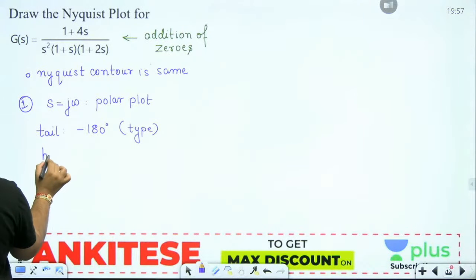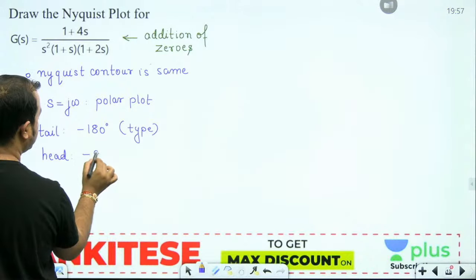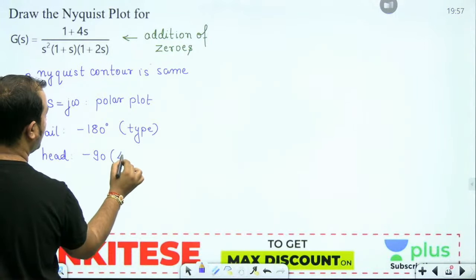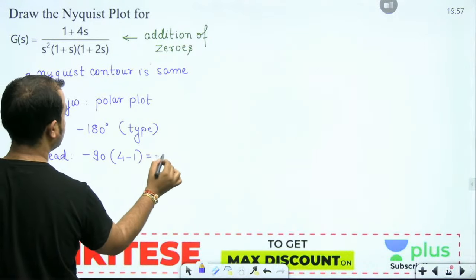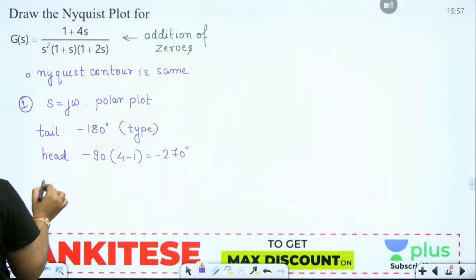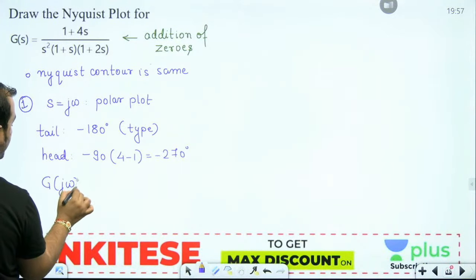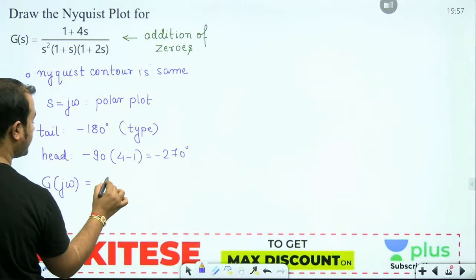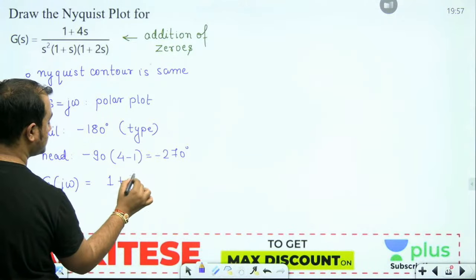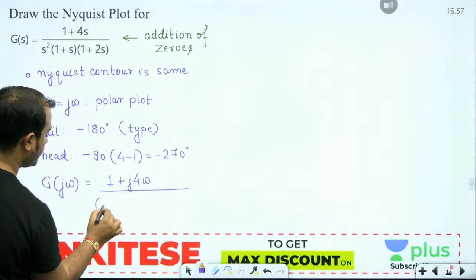But the head will depend on all poles and zeros. So there are 4 poles and there is 1 zero, minus 270. Otherwise, my dear, I can also write it. Let me show you why I am saying this.